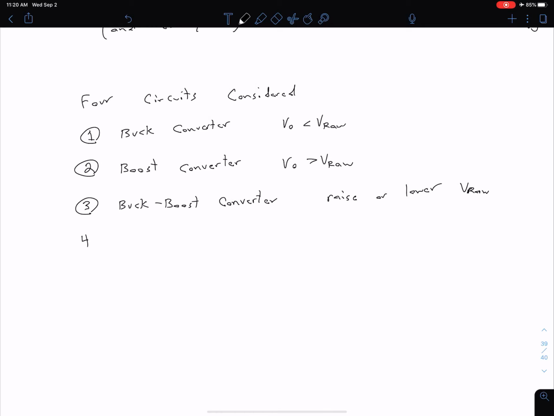And then the fourth one, which we're just barely going to talk about in a later video, and not do as much heavy analysis on, is a push-pull converter. The main benefit of this push-pull converter is that it uses transformers, and by using transformers, it's able to isolate the load from the source.